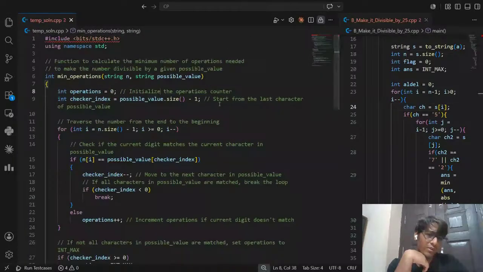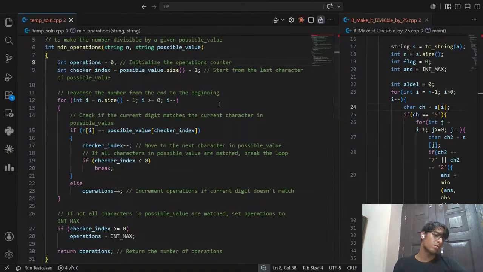So basically they're trying to find, right? Int operations equals 0 and checker index equals possible value size minus 1. For i equals n minus 1, i minus minus, if n of i is equal to possible value of checker index.